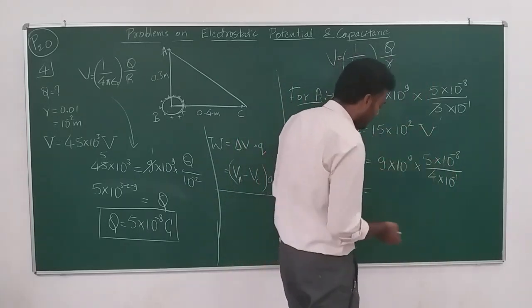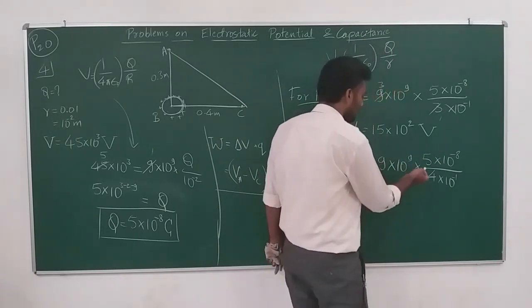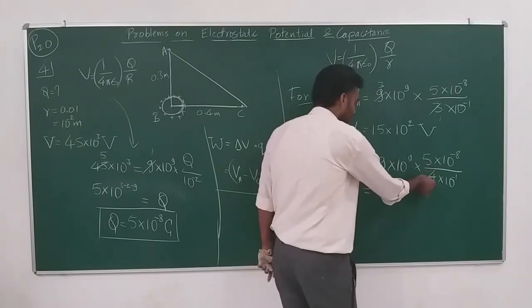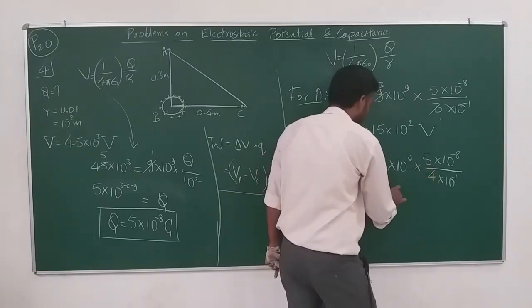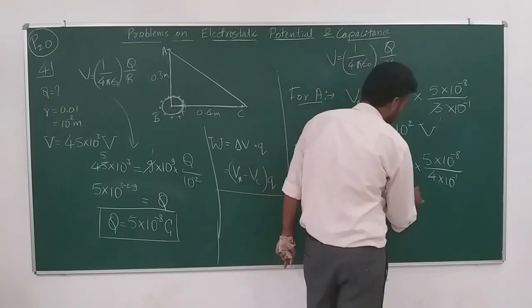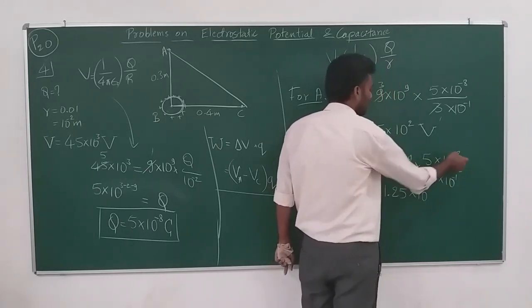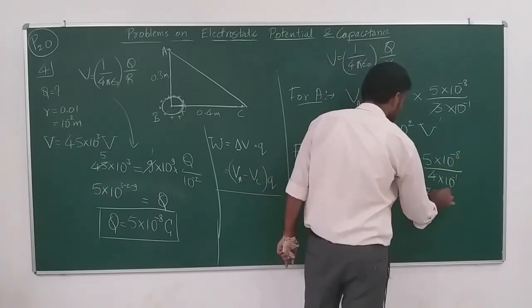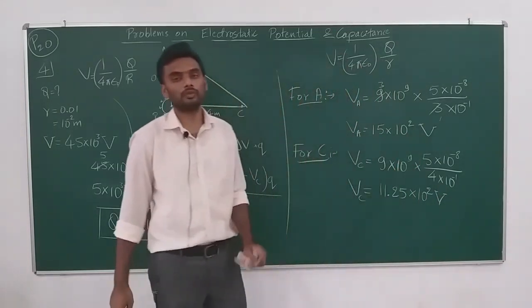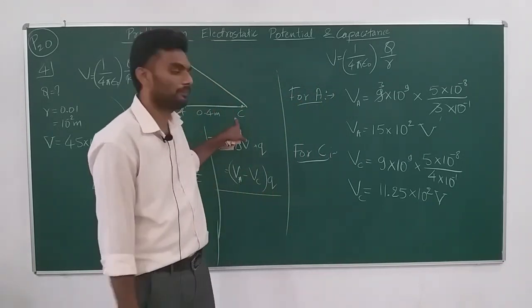So now, make use of calculator. Okay, 9 fives are 45. Okay, 45 by 4, which should be 11.25. 11.25 into 10 to the power of 9 plus 1, 10 minus 8, 2 volt. So 11.25 into 10 to the power of 2 volt is the potential at point C.